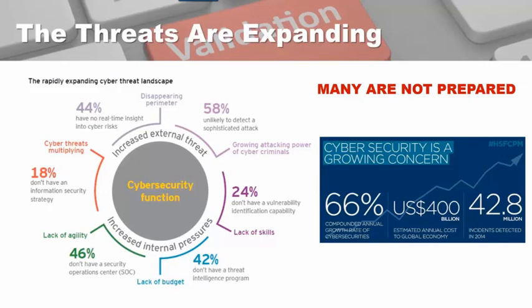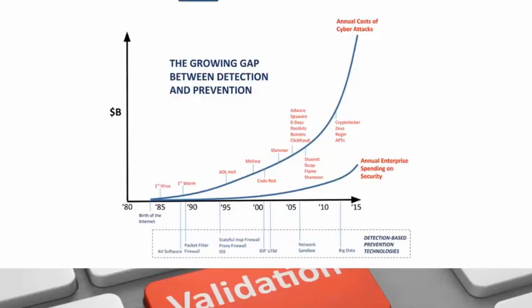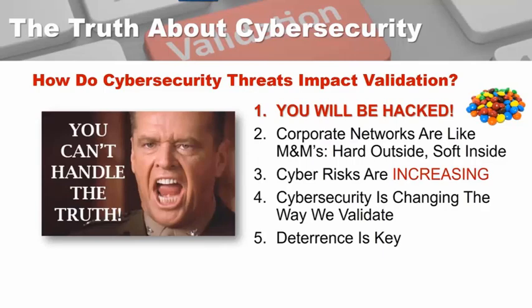So when we look at the annual cost of cyber attacks and the amount that's spent on system security, there is a growing gap between detection and prevention in this community. If you really want to know the truth about cybersecurity, the truth is you probably will be hacked.